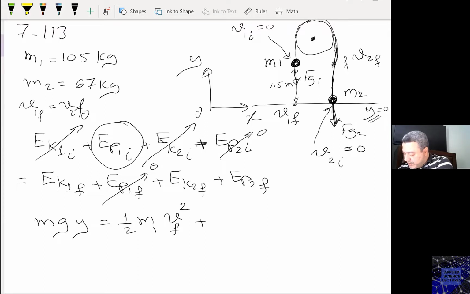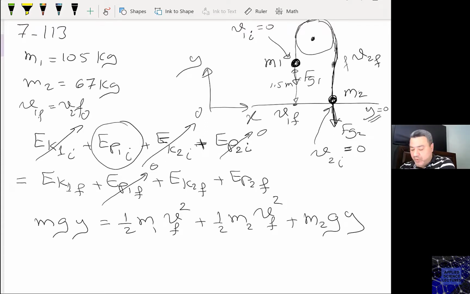EK2 final here is half m2 vf squared. Now plus EP2 final. EP2 final is m2 g y. The same y, 1.5. When this one goes down 1.5, this one goes up 1.5. So here, this is m1, right? So if you take m2 to the other side, what do you get?